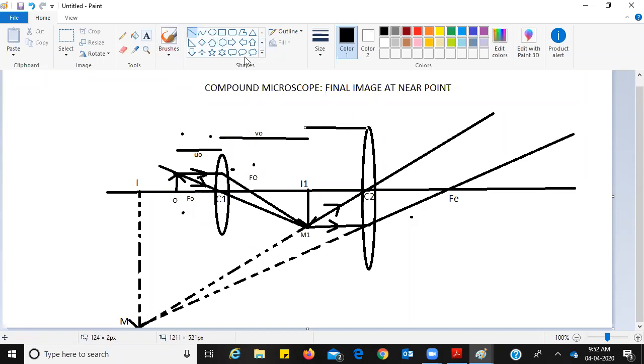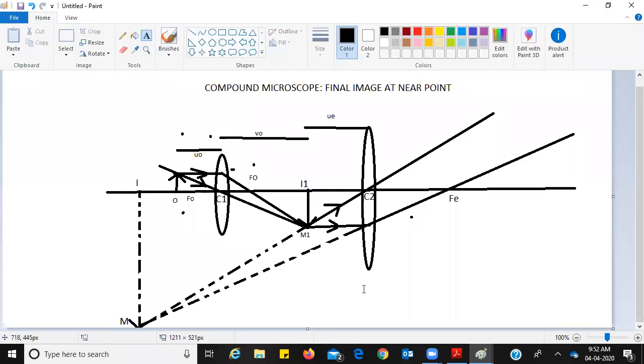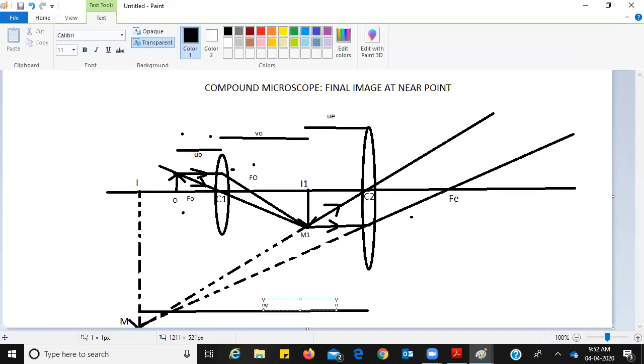UI or UE, the U of the eye lens. And where is the image formed? At D. So what is this distance? D. But it's called the image distance, right? Yes, sir. So V is equal to D.